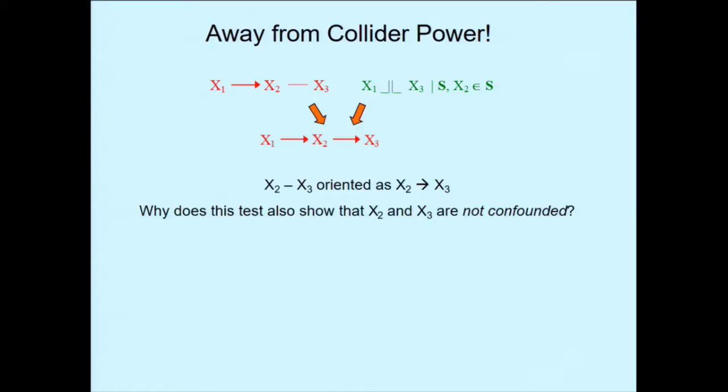Why would that be the case? This is the picture of what it would be for them to be confounded, where C is unmeasured. So why does this test eliminate that as a possibility?